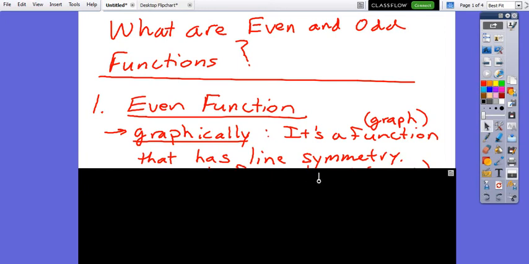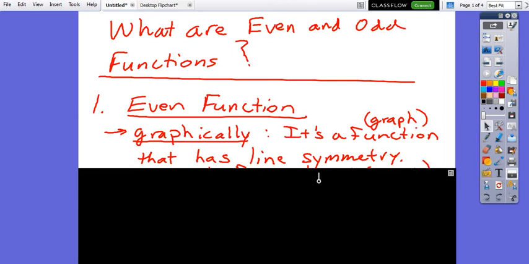An even function described graphically, by using a graph, is a function or graph that has line symmetry. Graphically speaking, we're talking about being able to look at a graph to determine if it has line symmetry.